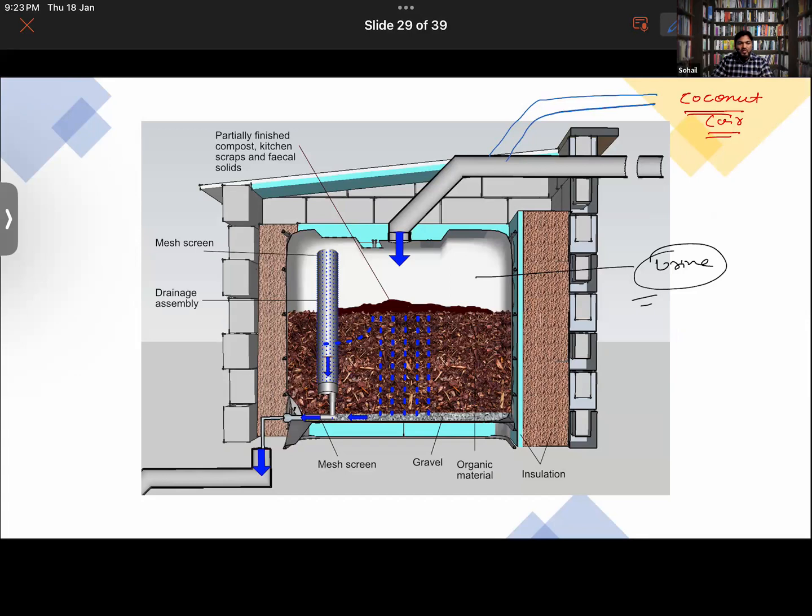But there are some countries where water is a very scarce resource, and water availability is very low. Thereby they would even be using human excreta to filter water out of it. Getting what I'm trying to say? Yes, sir. So that is also one thing.